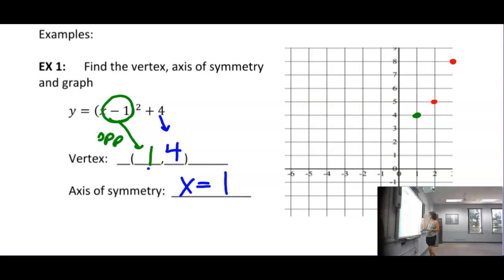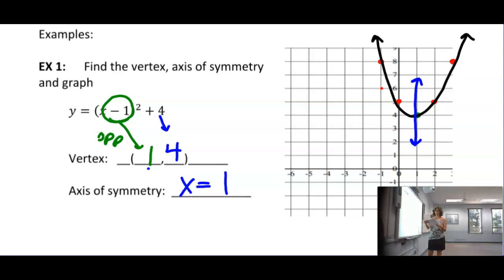And do it again. Over 1 to the left and up 1, over 1 to the left and up 3. 1, 2, 3. And then you connect. Again, it's a U shape, so it needs to look like a U. And where's my axis of symmetry? Right there, which is x equals 1.